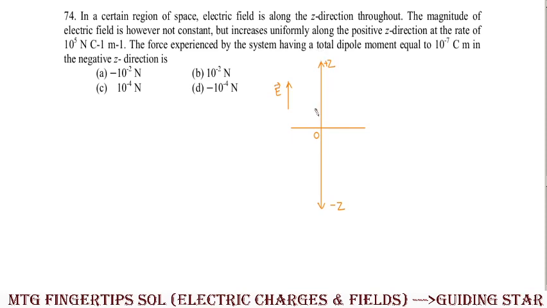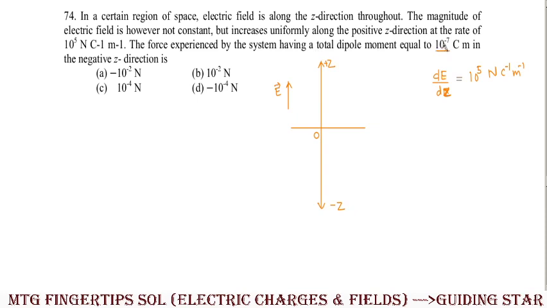It increases at the rate of 10 to the power 5 newton per coulomb per meter. That means the change in the value of the electric field per unit distance along the z direction is 10 to the power 5 newton per coulomb per meter. Clear? The force experienced by the system having total dipole moment.